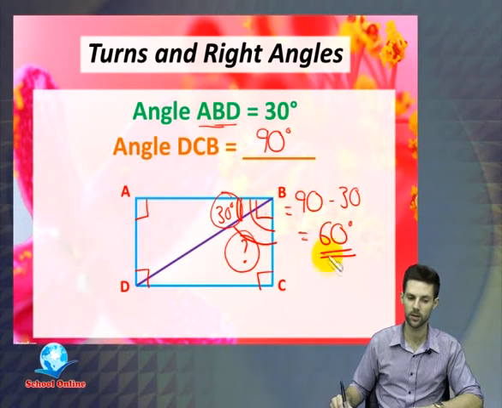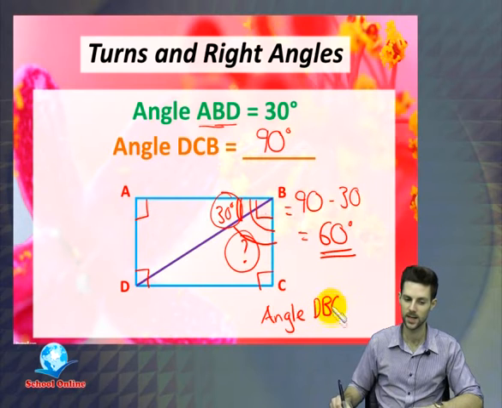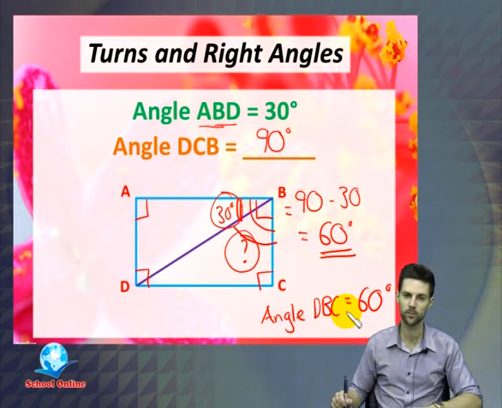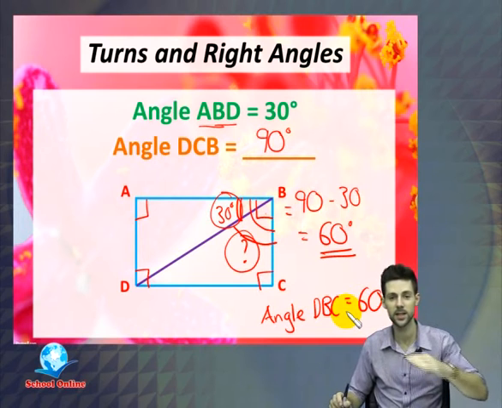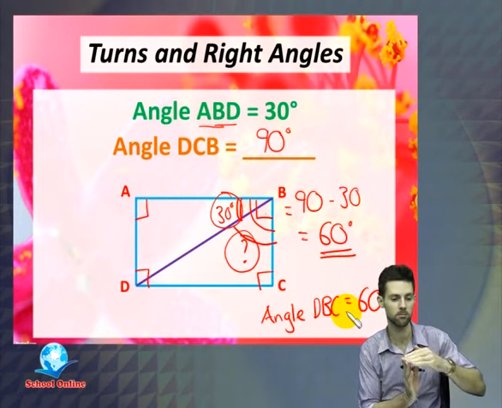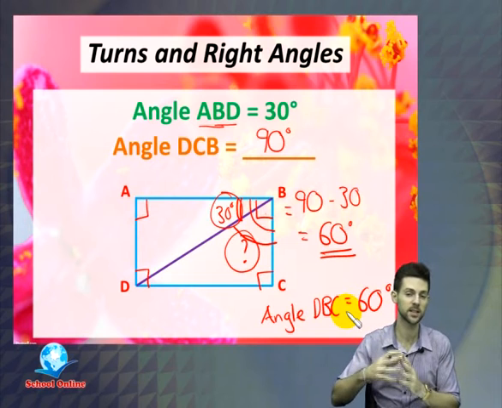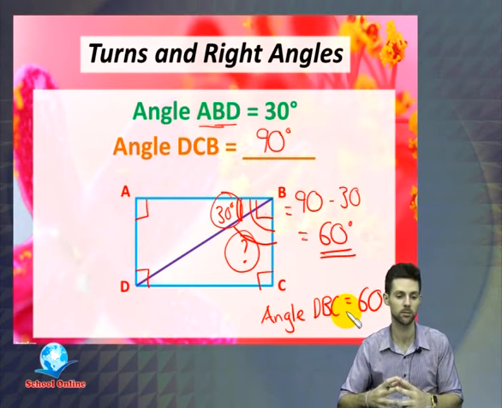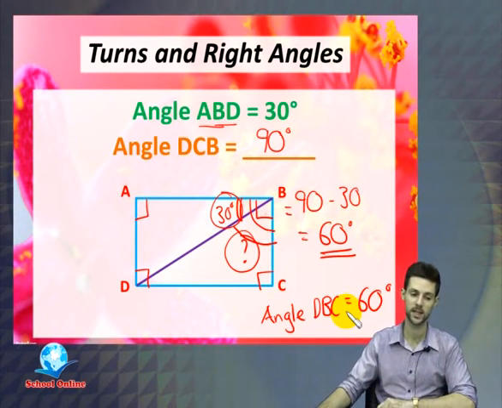So we could say that angle DBC equals 60 degrees. Because we know that the line has split the 90 degrees and formed one angle of 30, and that leaves 60 degrees left to make up the right angle. So angle DBC, 60 degrees.